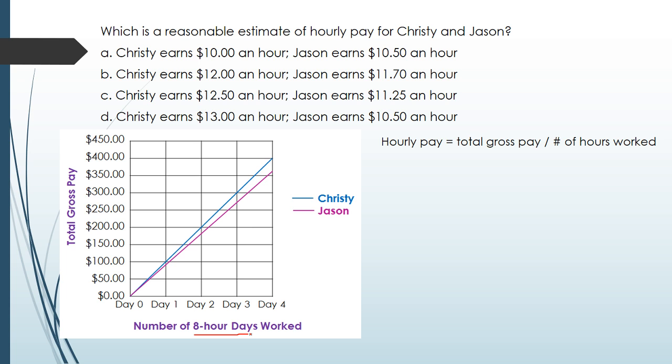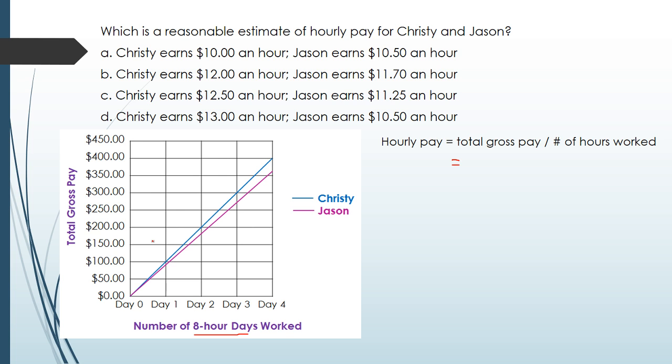So let's go ahead and find Christy's first, just because Christy's name comes up first in the answer. Right, so to find Christy, that's the blue line. We're going to get the hourly pay by getting the total gross pay after day 1. So it's right here. That looks like it's about $100. So we're going to go ahead and put in 100.